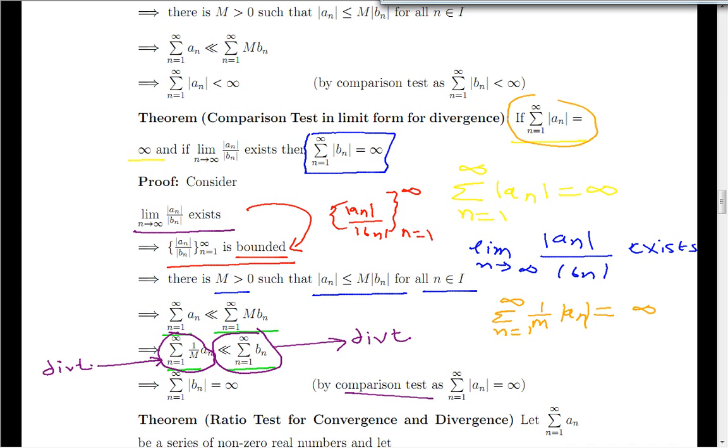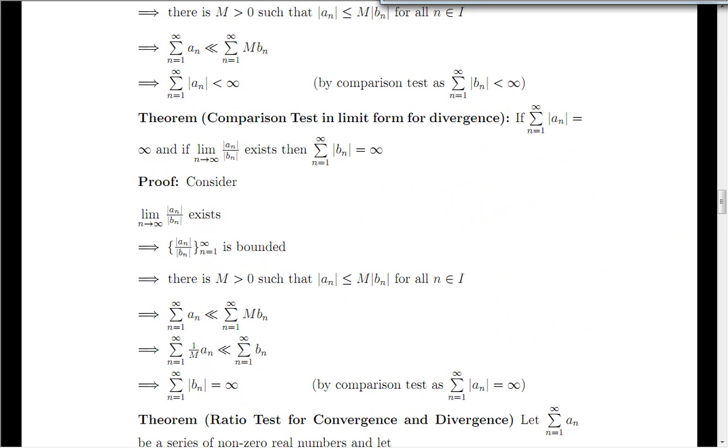So that's why this series is also divergent. Now the smaller series is divergent, hence the bigger series is divergent, that is series Σ|bn| is divergent. So this is the comparison test in limit form for divergence.